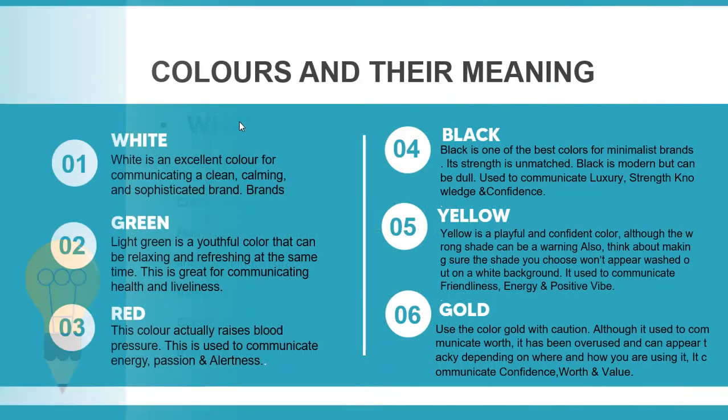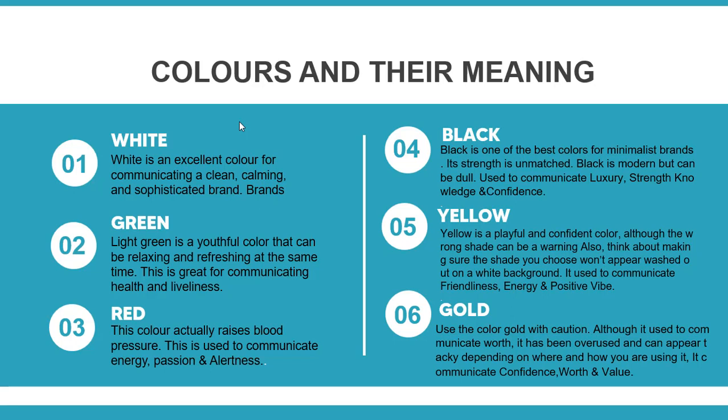So let's move on. What are colors and their meaning? In the course content, I promised I would be talking about colors and their meaning. We have different kinds of colors, but I'll be talking about just six of them here, because we can't talk about each and every one of them as they are numerous.